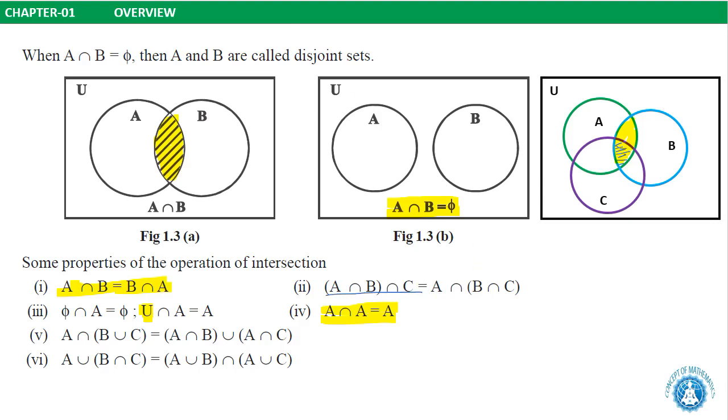Next, A intersection of B intersection C. So B intersection C will be represented by this one, and with intersection of A, this will only be this portion. So both are the same thing. Similarly, we can prove these also.